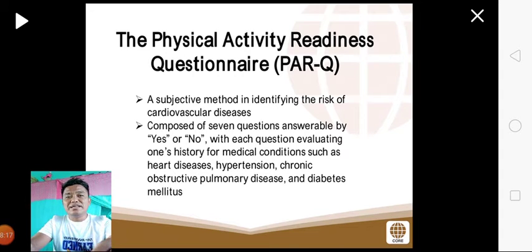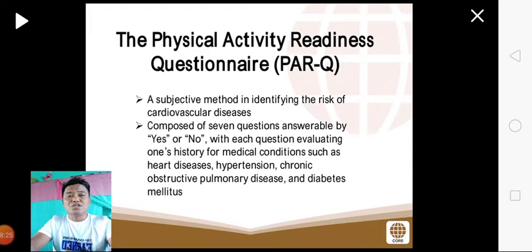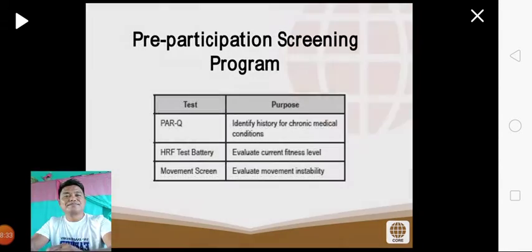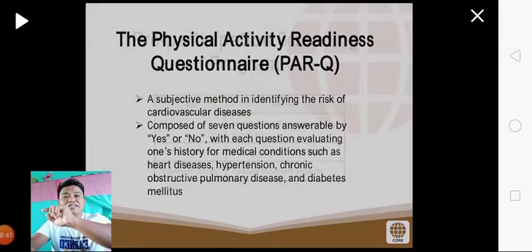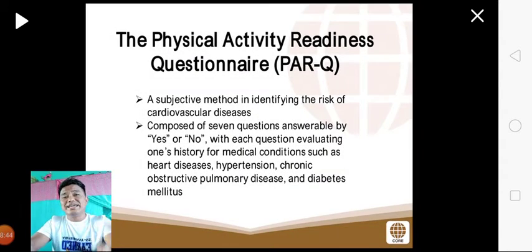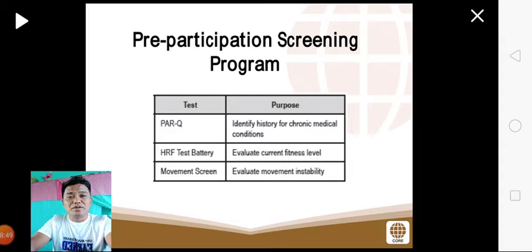It is composed of 7 questions answerable by yes or no. So these are the pre-participation screening programs and tests: the PAR-Q, HRF, and movement screening.